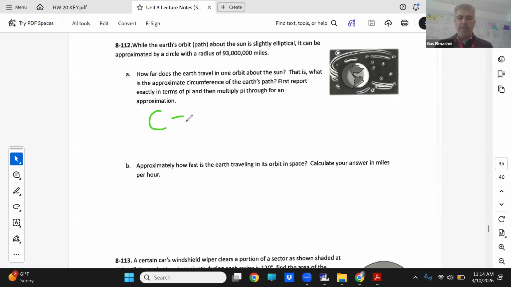Well, circumference is going to be 2 pi times 93 million. So it'd be 186 million pi. And that's in miles. So that's crazy, right?